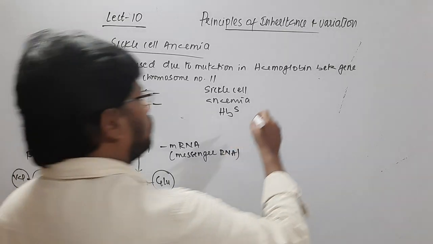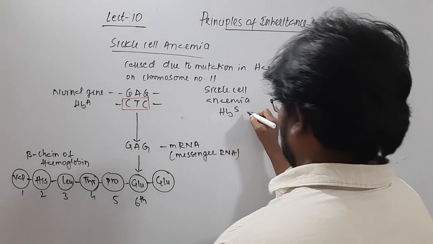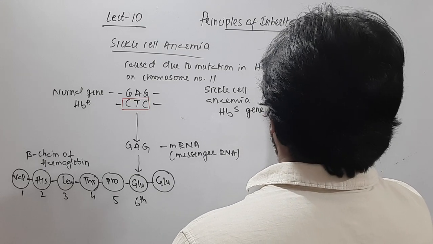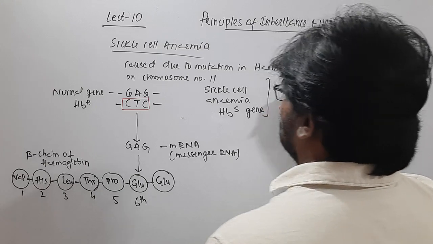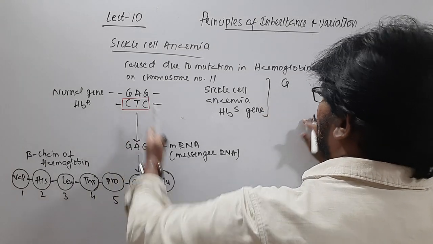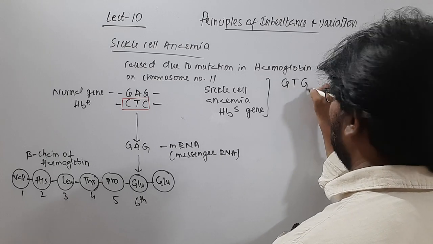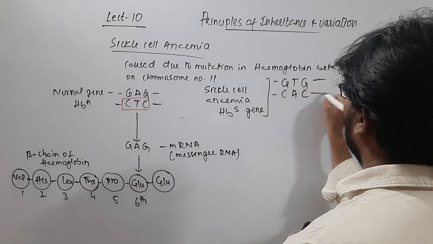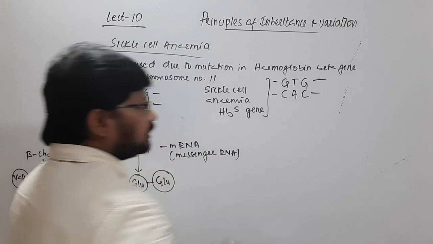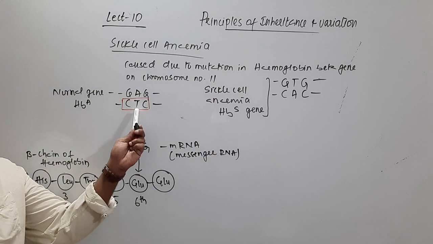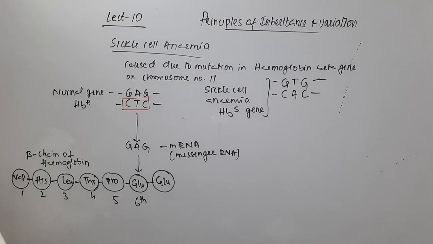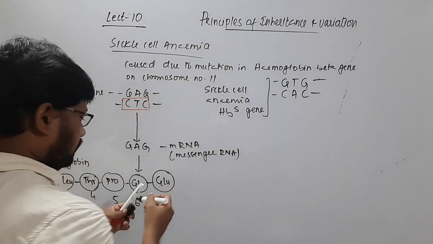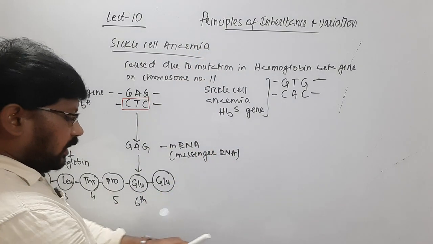So in this case, in the sickle cell anemia gene, this is replaced with A, then it will become T here, G, then C, A, C. So you can see this T is replaced with A, so one nitrogen base is changed. Hence sickle cell anemia is an example of point mutation.